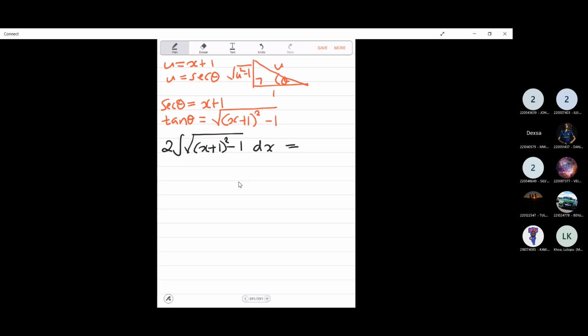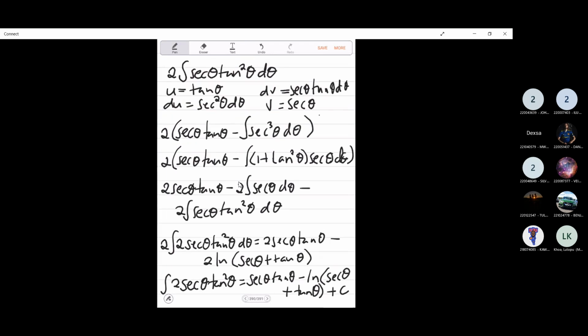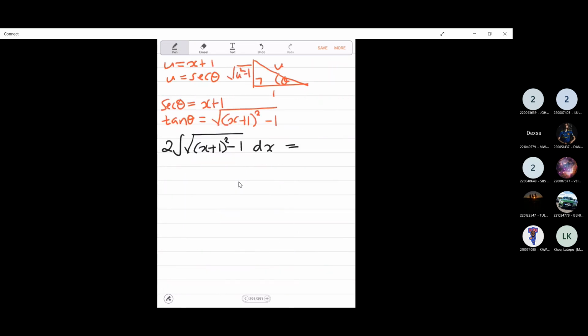This is equal to sec theta times tan theta, so we have x plus 1 times the square root of x plus 1 squared minus 1.